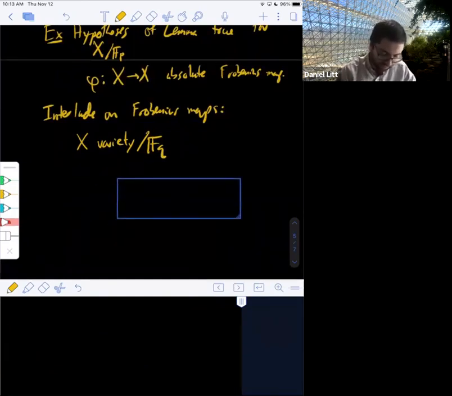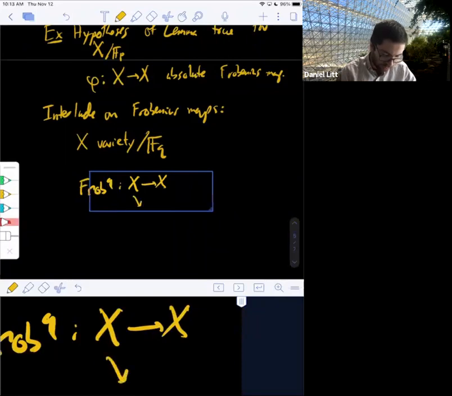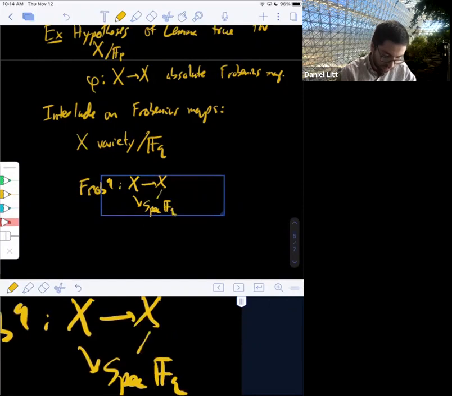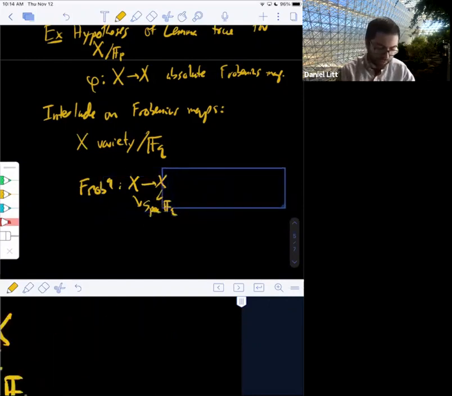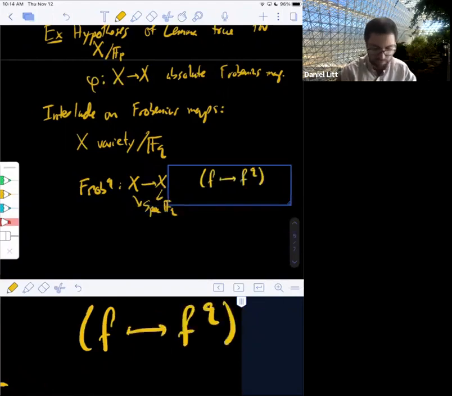So first of all, there's the absolute Frobenius map. This is called Frob_q, which is just a map from X to X, and it's over Spec F_q. What is this map? It just sends a function f on X to f to the q. So it's a natural endomorphism of the identity functor.